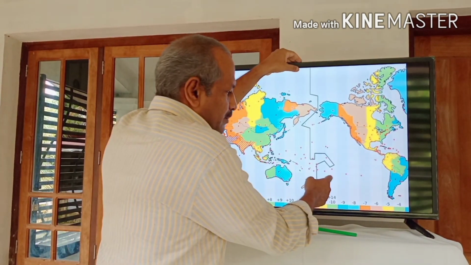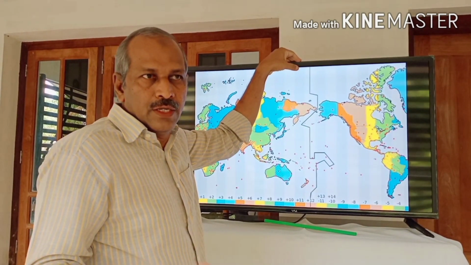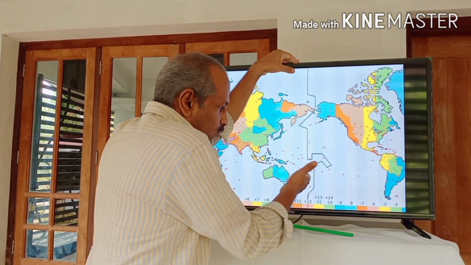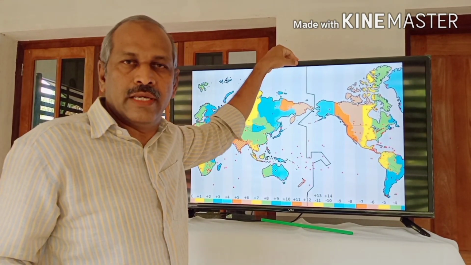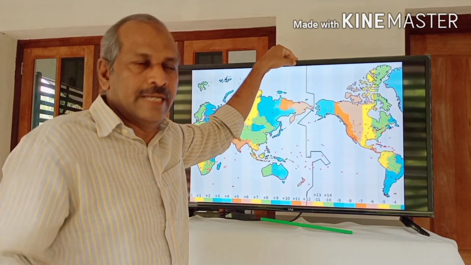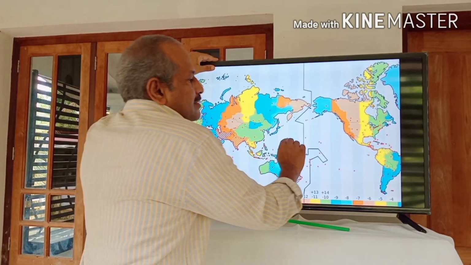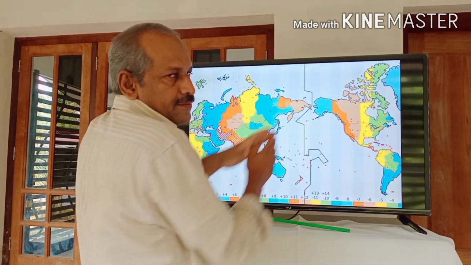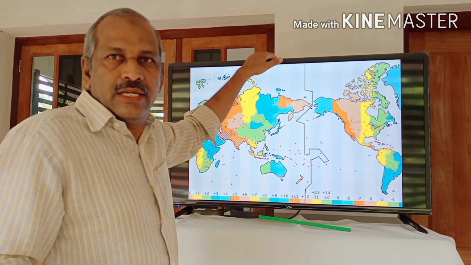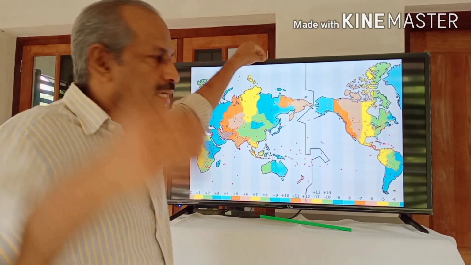That means, from Thursday, by crossing this line he reaches Friday. So a traveler who crosses this line from east to west has to calculate his time by advancing it by 1 day. Likewise, a traveler who crosses this line from west to east has to deduct 1 day. That means he has to calculate his time by deducting 1 day.